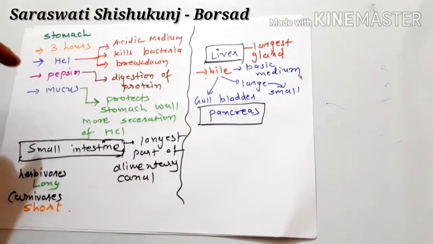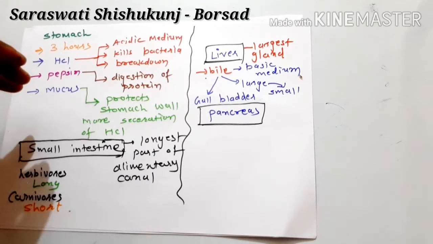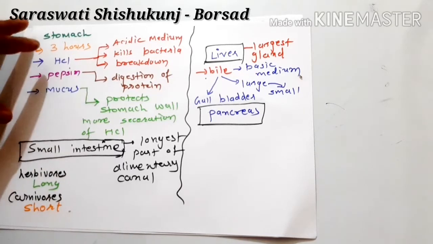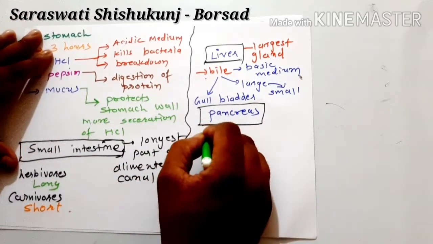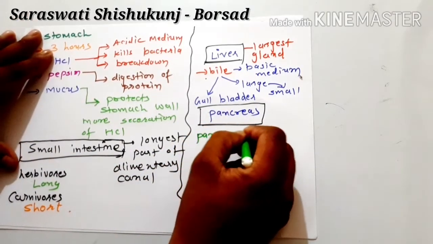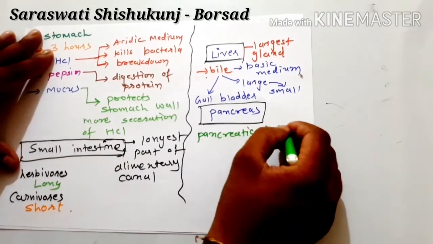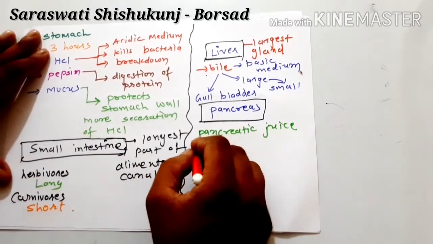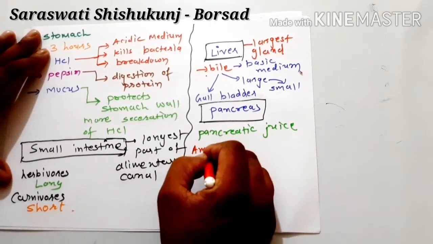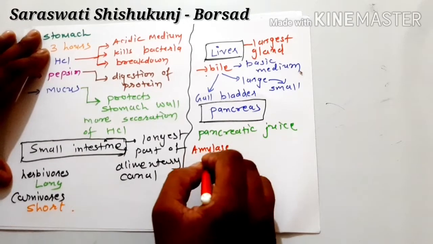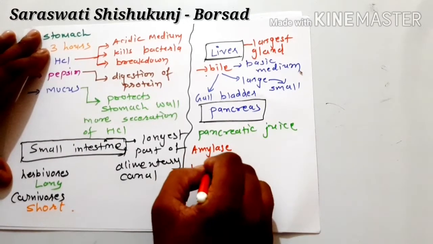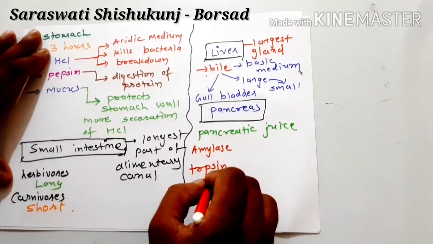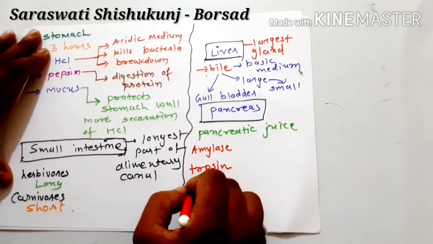Now let's see that from the pancreas there will be secretion of pancreatic juice, and this pancreatic juice contains amylase, trypsin, and lipase.